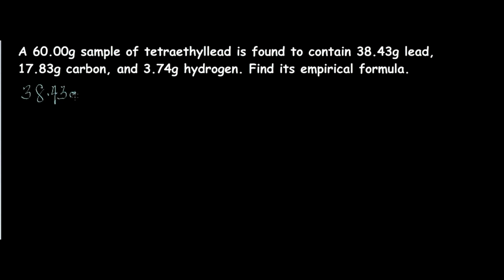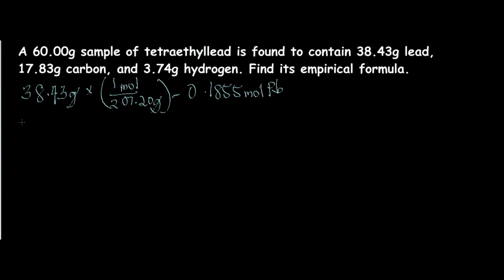38.43 grams of lead multiplied by its molar mass, we will have 1 mole over 207.20 grams. Cancel the unit, we will have 0.1855 moles of lead. Now let's get the number of moles of carbon.